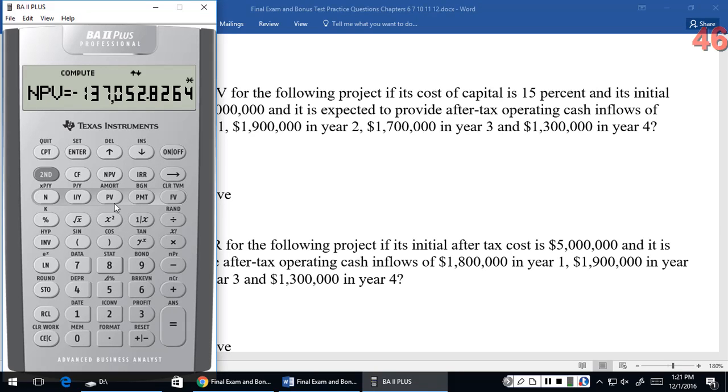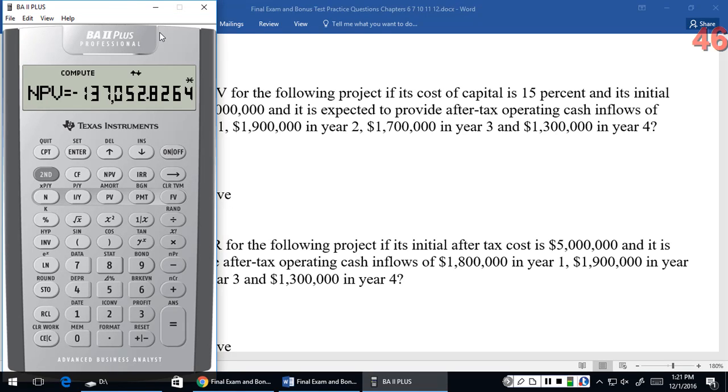Negative $137,052. It's kind of easy to miss the little negative sign here. Okay. So would this be an acceptable project or not? No, because if we accepted this project, it would destroy $137,000 worth of stockholder wealth. Now, number 26 gives you the same cash flows, but asks you to calculate the internal rate of return.